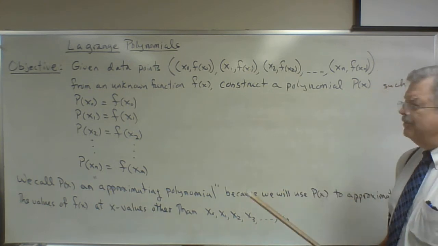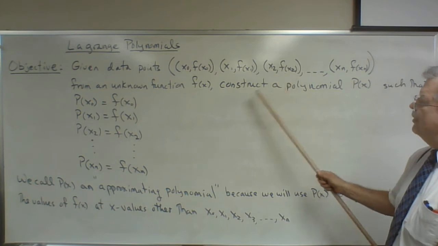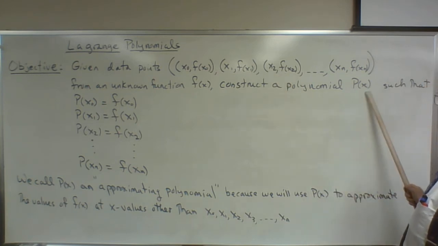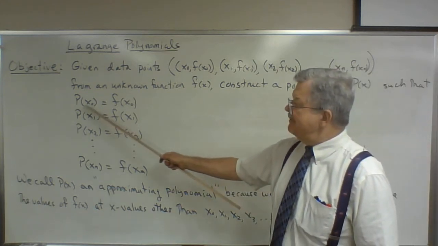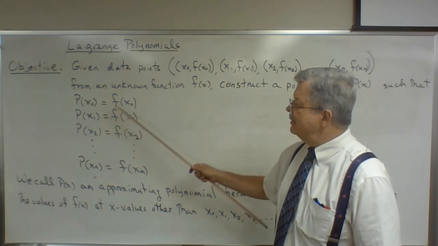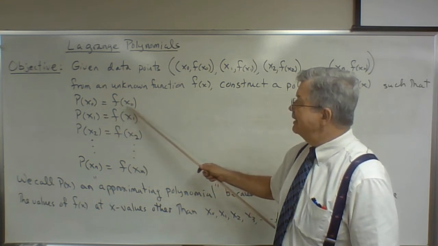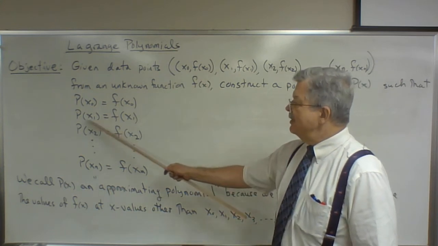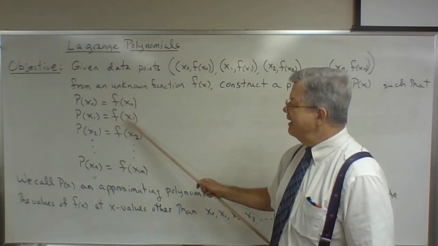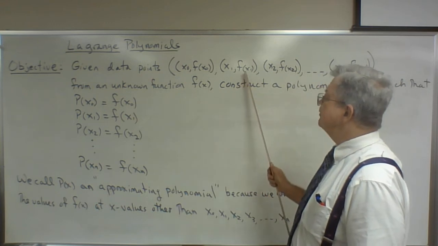What we want to do is take these data points and construct a polynomial, we'll call it p of x, such that p evaluated at x naught equals f evaluated at x naught. P evaluated at x1 equals f evaluated at x1.